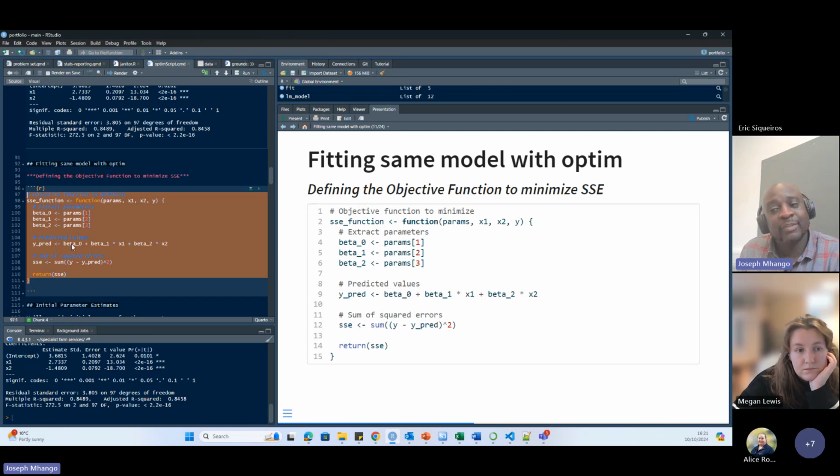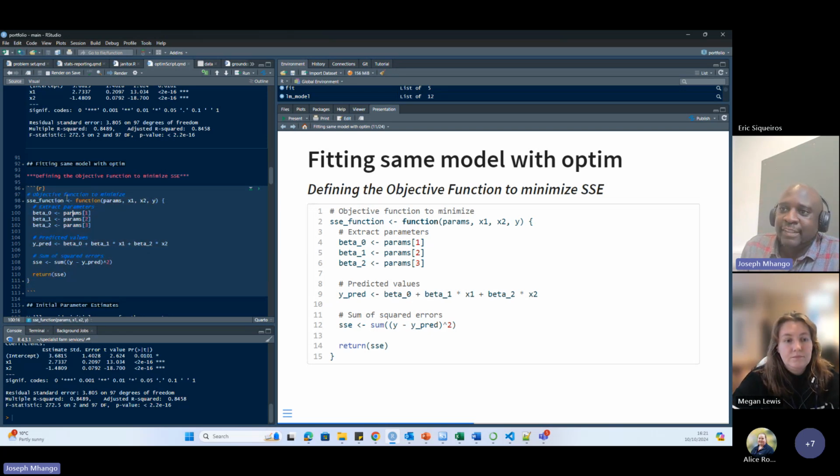It calculates the sum of squares error for every possible parameters and then tries to minimize that. But linear regression does that using calculus or matrix algebra, while the optim function will do it by searching across a big feature space. So I've just defined the objective function.